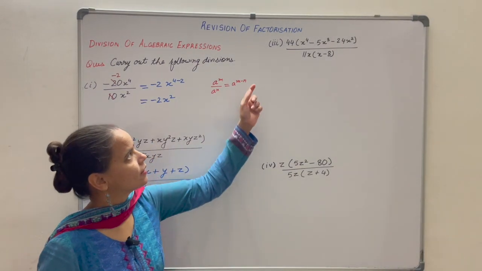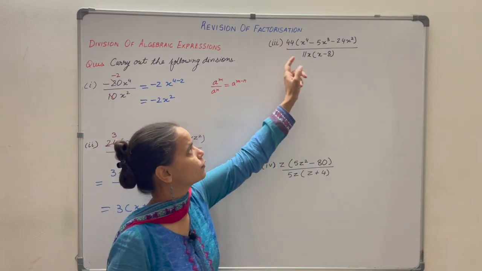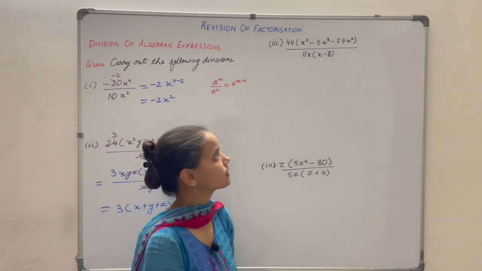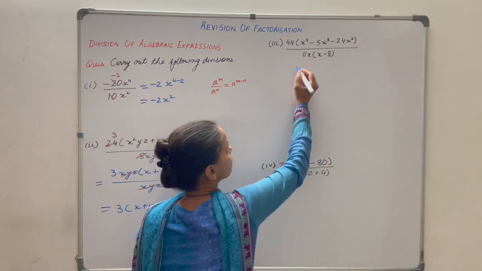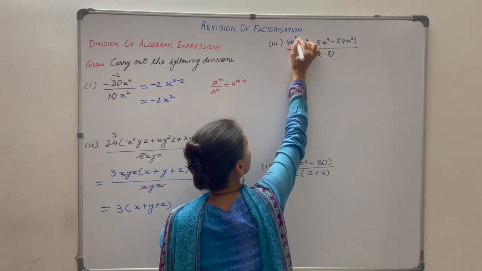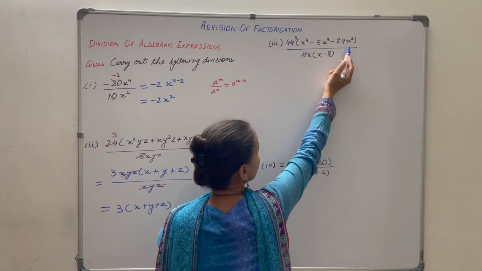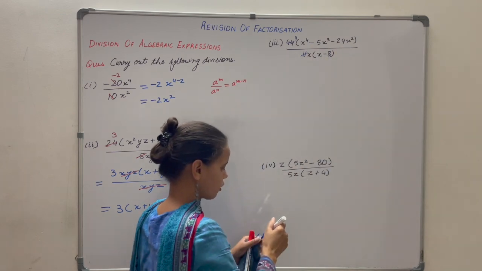Next question. You have to divide this expression by this expression. So you can cancel 44 and 11. Let us cancel it out. 11 and 44. So you get here 4. So from these three terms, you can take x square common. Let us take x square common.